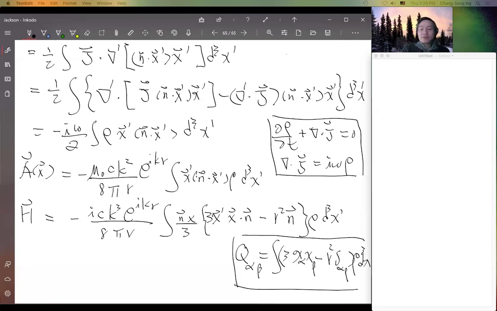Okay, so that is what we defined as the electric quadrupole tensor in the electrostatic chapter. You still remember that? All right, so now we get this tensor in here. In the vector form is here, in the index form is here, exactly the same.